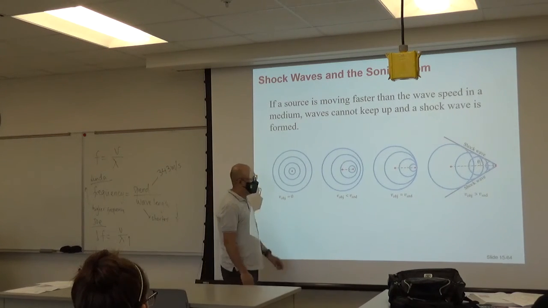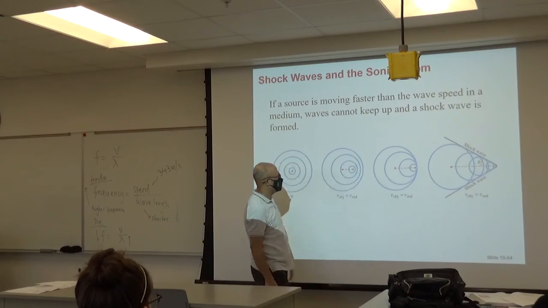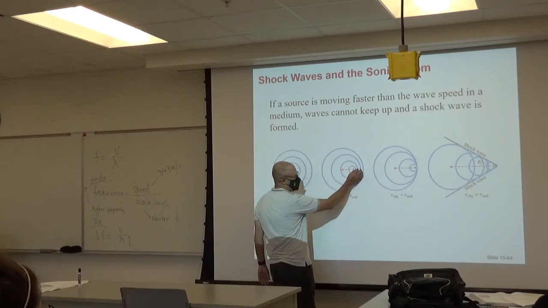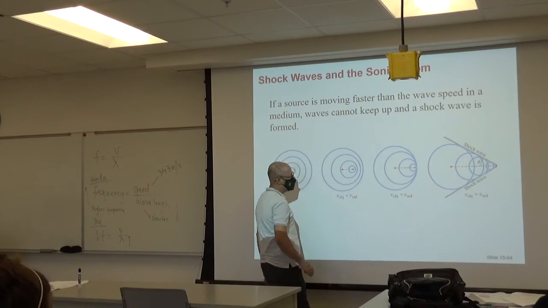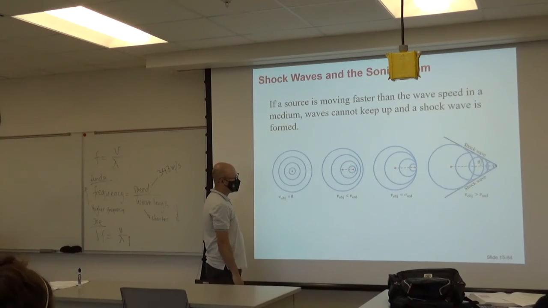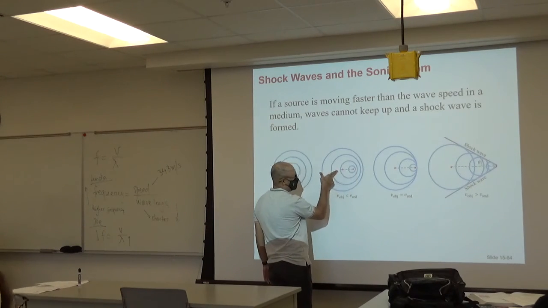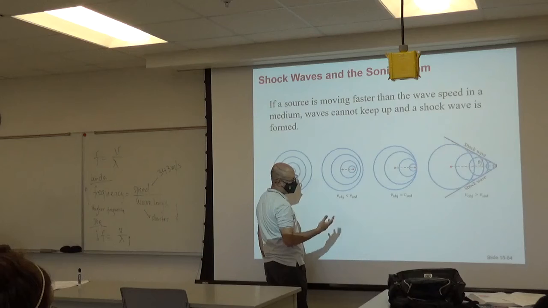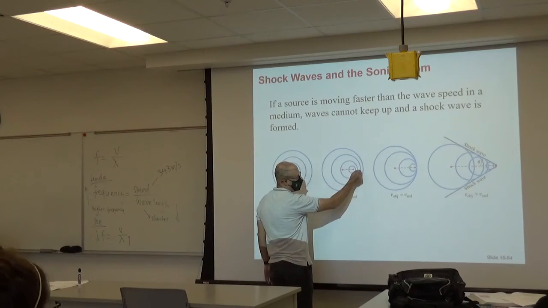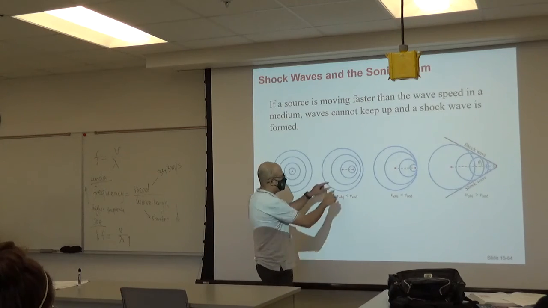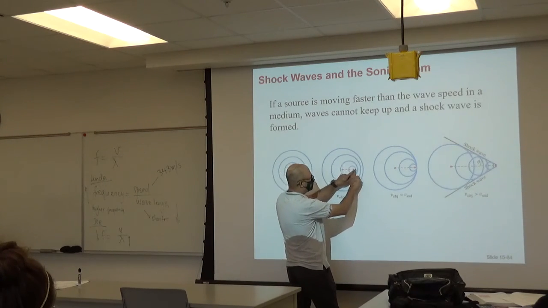Now, when the source is moving to the right, like I showed before, this part will be squeezed. So the wavelength here would be shorter than the wavelength here, or in other words, the frequency here would be higher than the frequency here, when the source is traveling to the right.